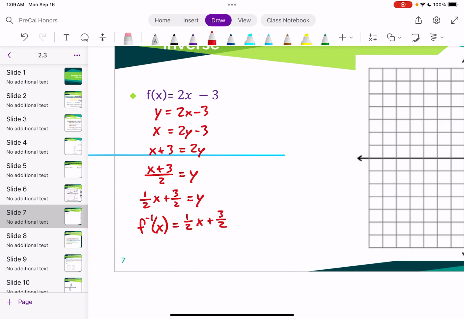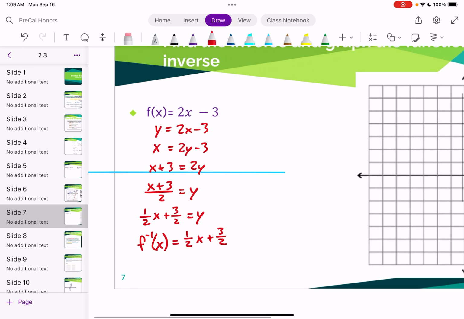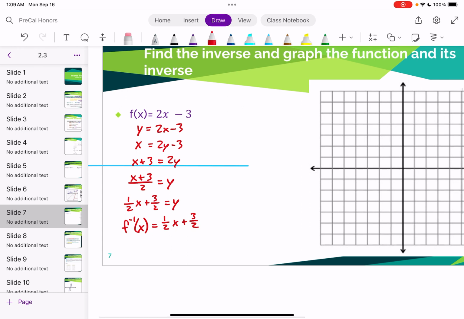Now, before we start graphing the inverse, we need to find the initial equation and its line. So in this case, we know that y is equal to mx plus b. We know that our y-intercept for this problem would be 0, -3. And we know that the slope would be equal to 2.